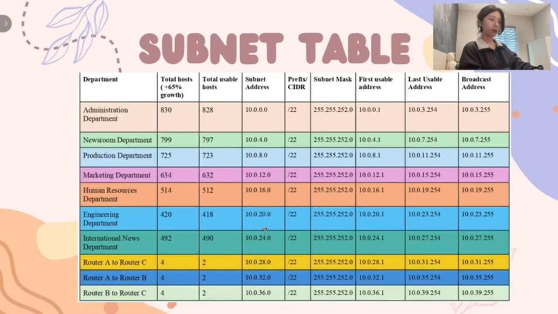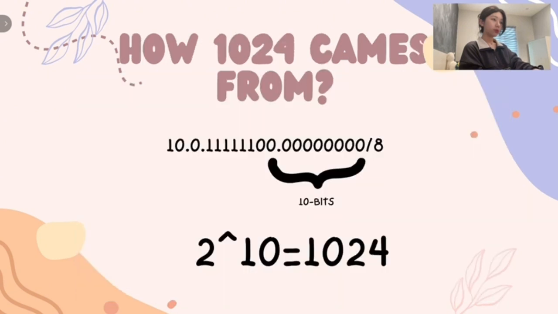This is the subnet table, as we are using FLSM, which is a fixed length subnet mask. In designing the network, the prefix of each of the subnets will be the same, which is 22. All of these subnets will have the same number of hosts, which is 1024. So how did the 1024 come about? This is based on the largest number of hosts needed in this table, which is the administration department.